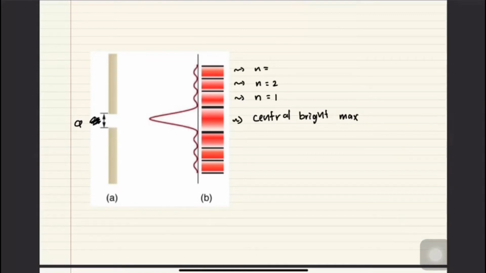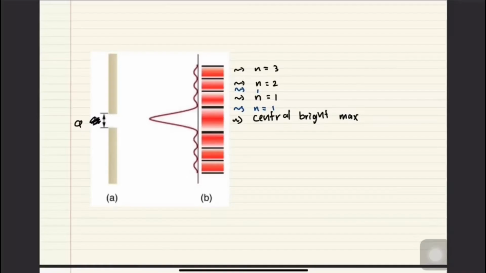Okay. In terms of dark, this one is your first dark fringe, n equals 1. Second dark fringe, n equals 2. Third dark fringe, n equals 3. So the first dark fringe is called the first dark fringe.